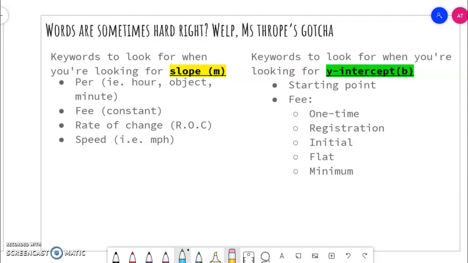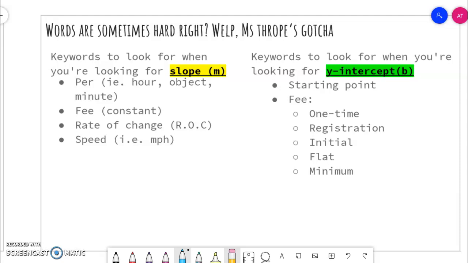If you're looking for slope, think about something per hour, per minute, per child. Any word with the per in front of it or after it.